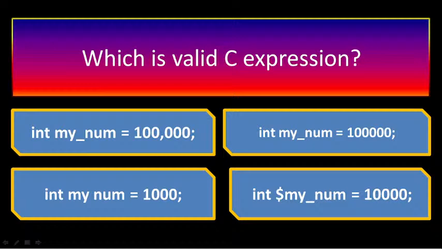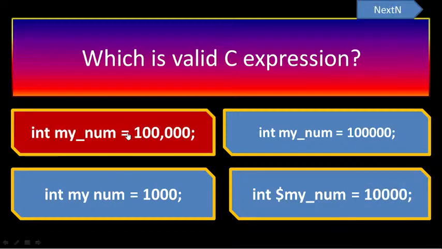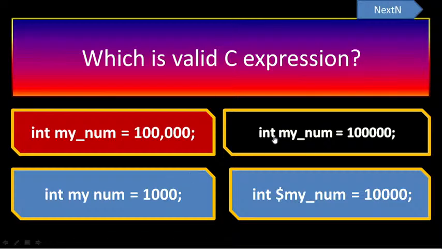The reason is, the first option is int my_num = 100 with a comma. Comma is not a valid expression for this C program. That's the reason the first one is the wrong answer. The next one is int my_num = a value without any special symbol, but this is more than the limitation.